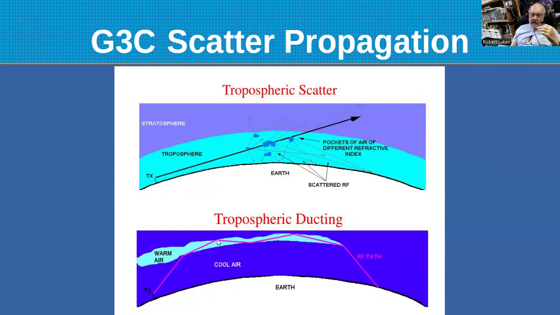Because of the interface between the warm and the cold air, it acts like a reflector. So once the signal gets into that duct, it can bounce off of the interfaces and go long distances.